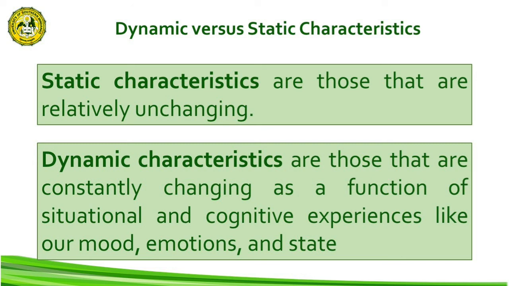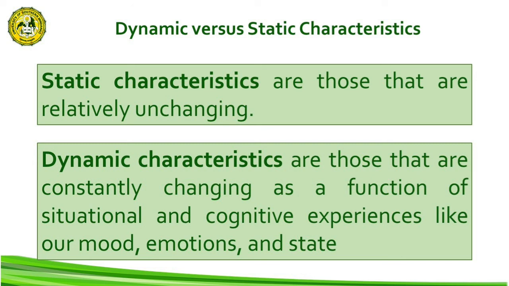Kasi there is a difference between state and trait. Kasi yung trait, stable siya. For example, extroversion, introversion, ganon, ng isang tao. Trait, yun siya. Stable yun, hindi yun nag-change.